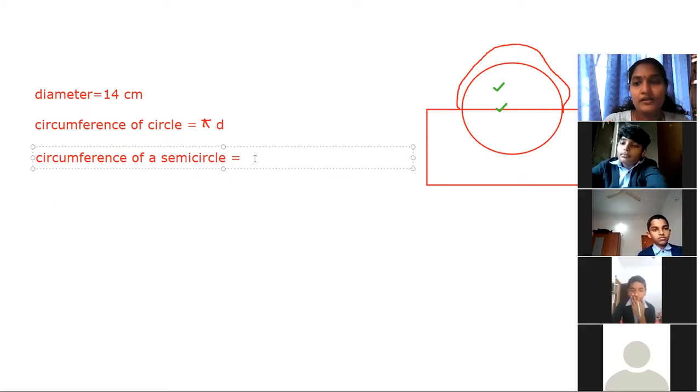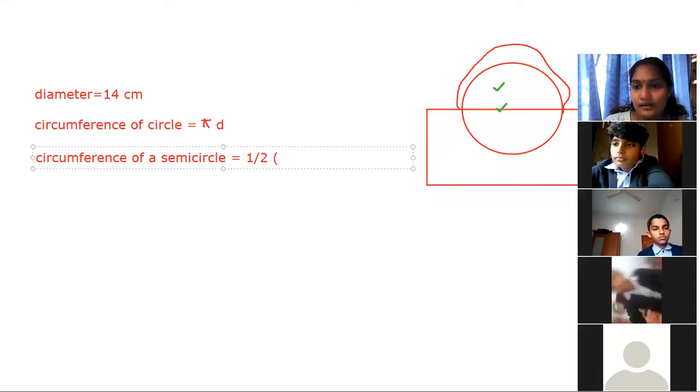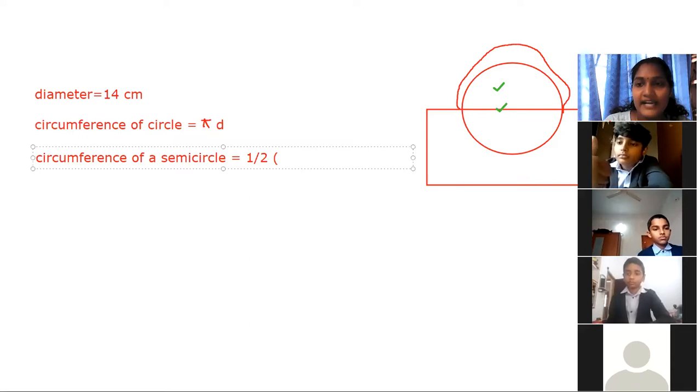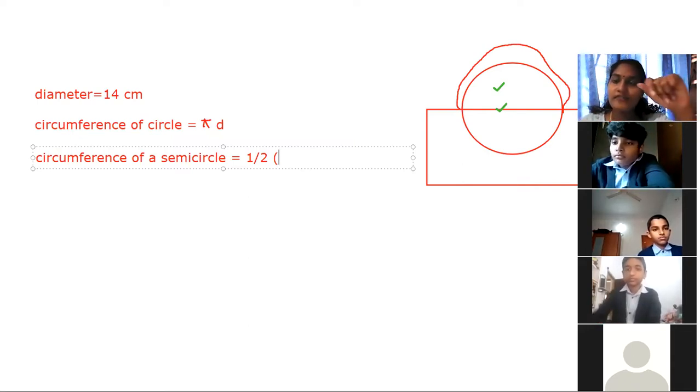What will be half of the circumference of the circle? That will be 1/2 of pi d. Clear? Pi d is for a diameter. If we know the diameter, the equation to find the circumference of a circle is pi d. Is that clear? Yes, miss.